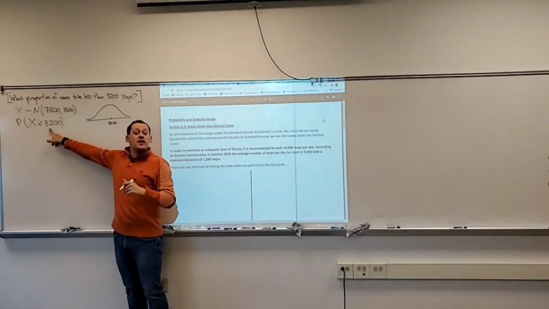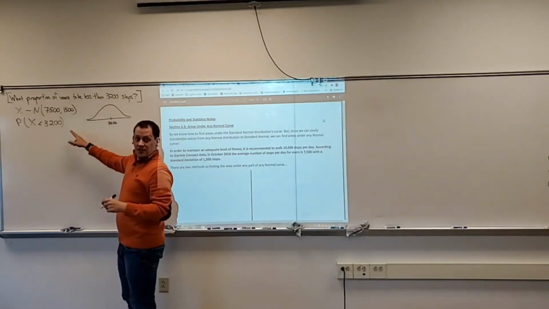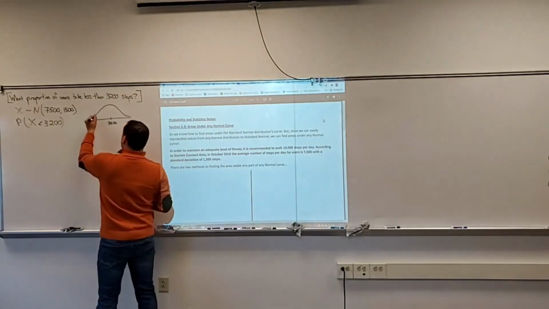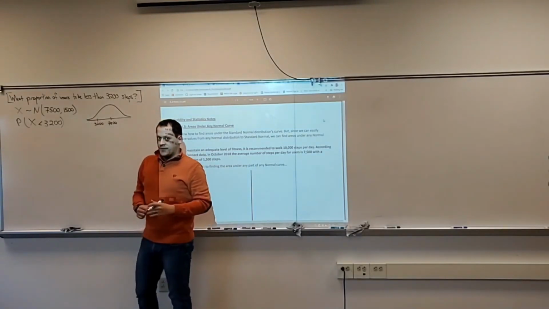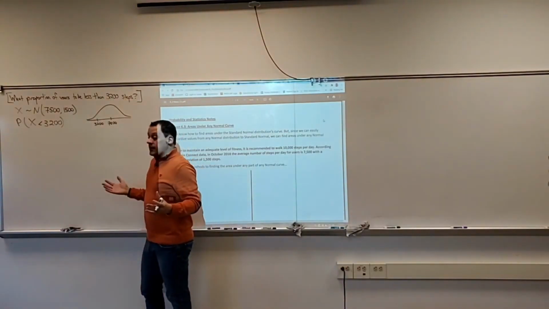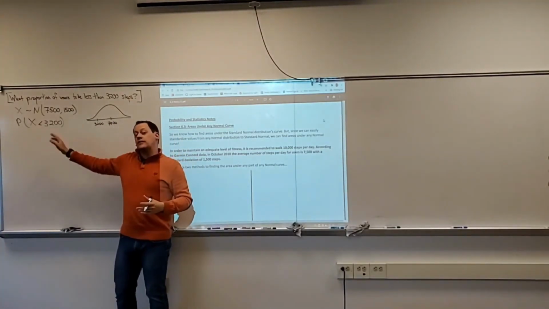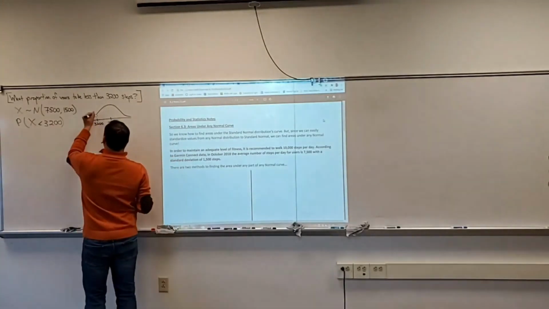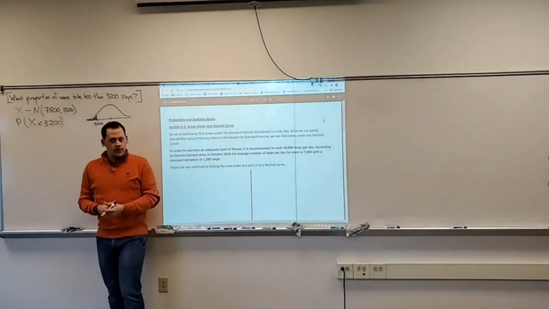Now we put the number we're interested in, 3,200. That's way under 7,500, so it's going to be somewhere to the left. Doesn't matter where. Okay. Now in terms of shading, we want to shade to the left. The arrow still points us where we want to go. So we need to find that area.